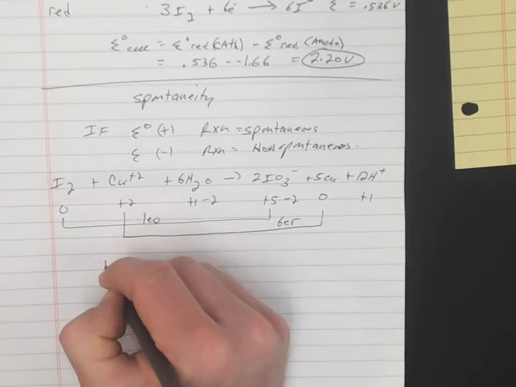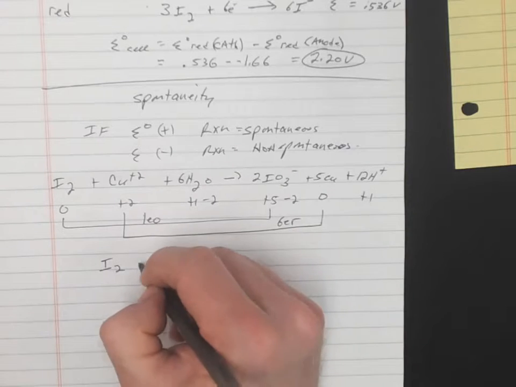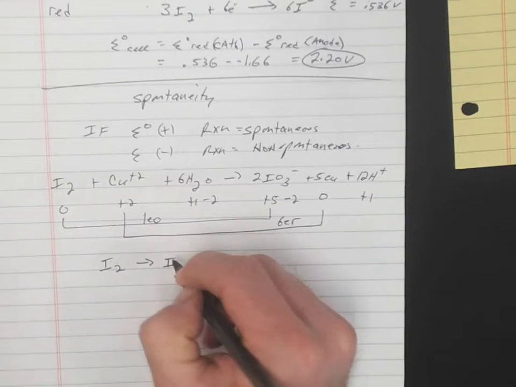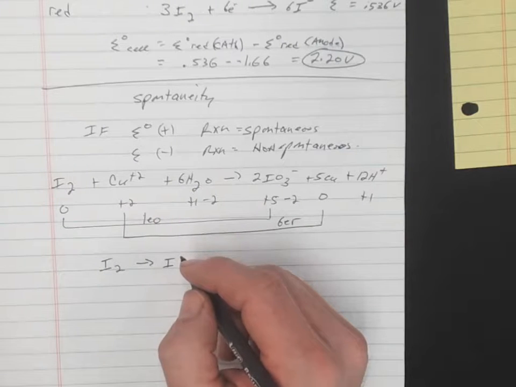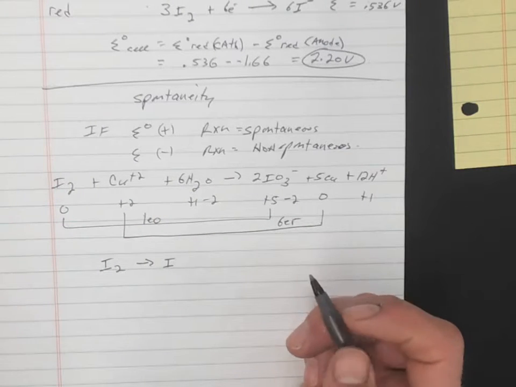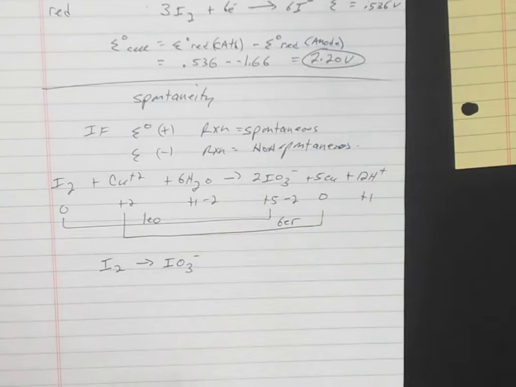So if we utilize the half reaction method, we have I2 yielding 2IO3-.